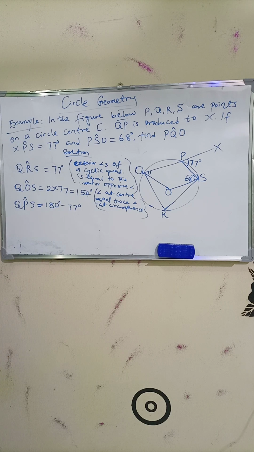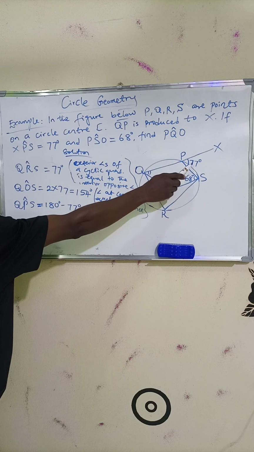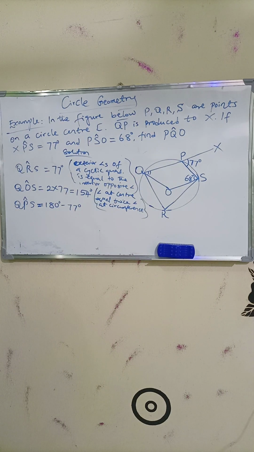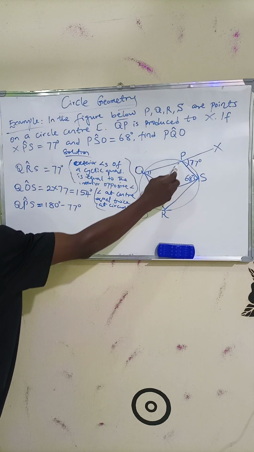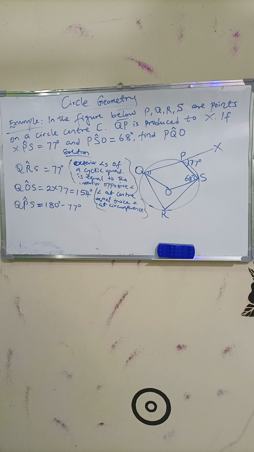Why do we say so? Don't forget, the angle formed at P, if you add it to this 77, they are supposed to give you 180 degrees. The reason is that they are formed on a straight line. Angles formed on a straight line sum up to 180 degrees.